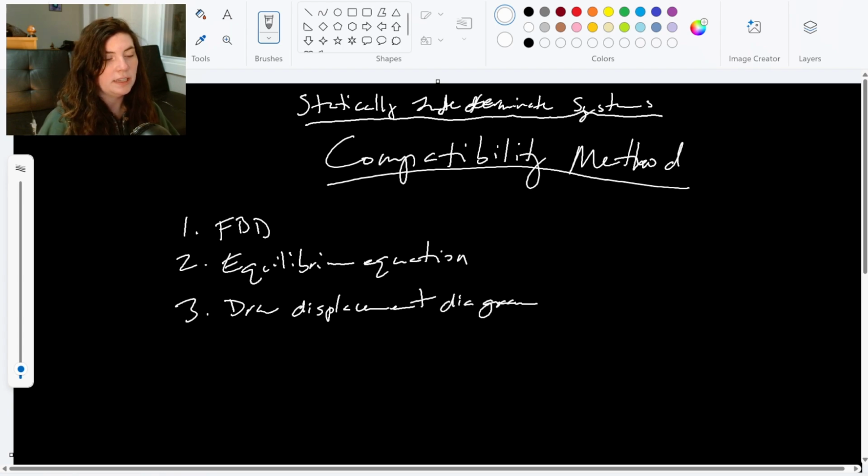In our last one, we had that superposition first, and then we did displacement diagrams, then we did load equation, then we did equilibrium. Here, we're going to draw our displacement diagrams and create those displacement relationships.